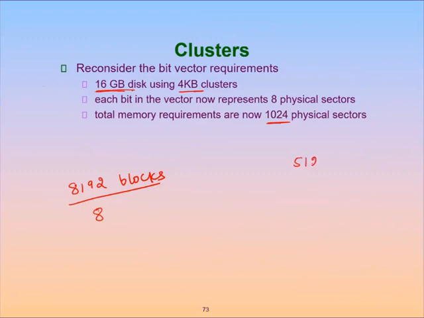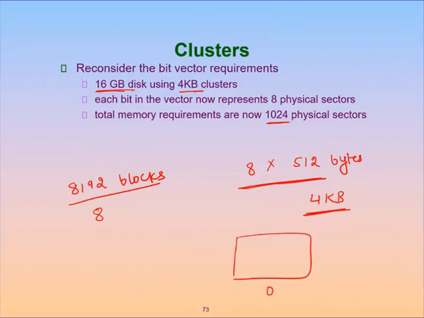Because if one sector or one block is 512 bytes and we are making a cluster of 4 KB, it means we can club 8 blocks into one cluster. Now one cluster is represented by one bit. So these will reduce to 1024 physical sectors actually. This many total blocks are required to store the bit vector.